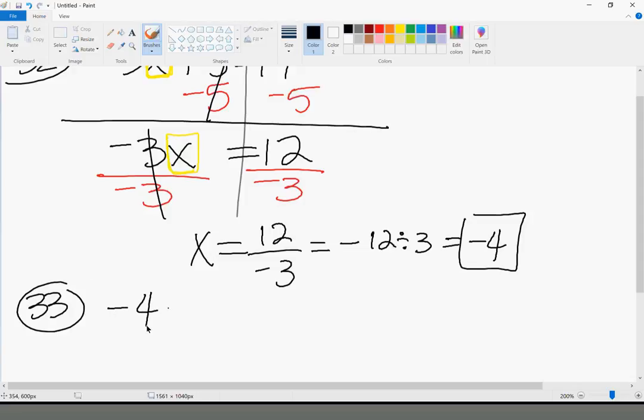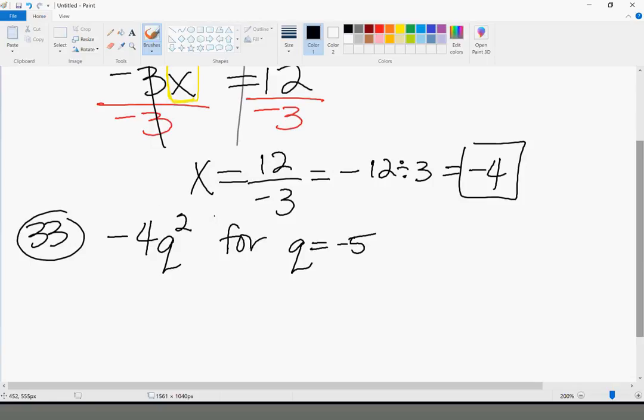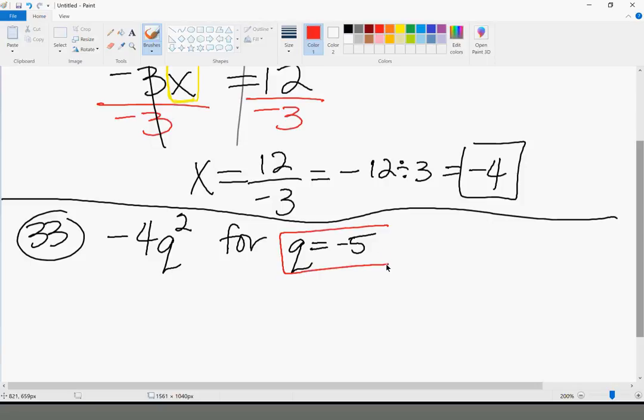33, we have negative 4q squared. And we want to evaluate that for when q equals negative 5. Okay, so what this means is that we're going to plug in this value for q into the equation.